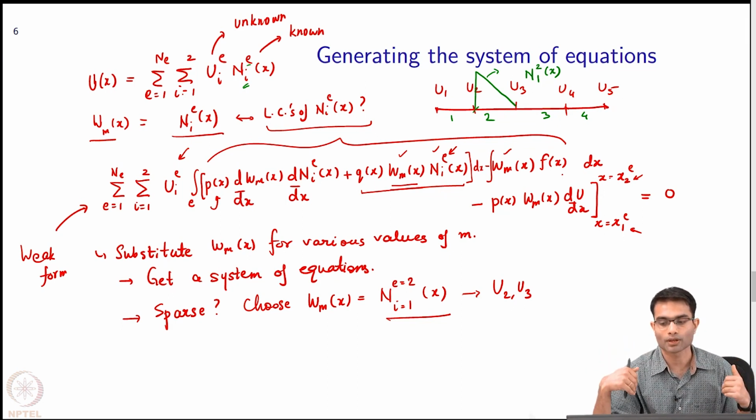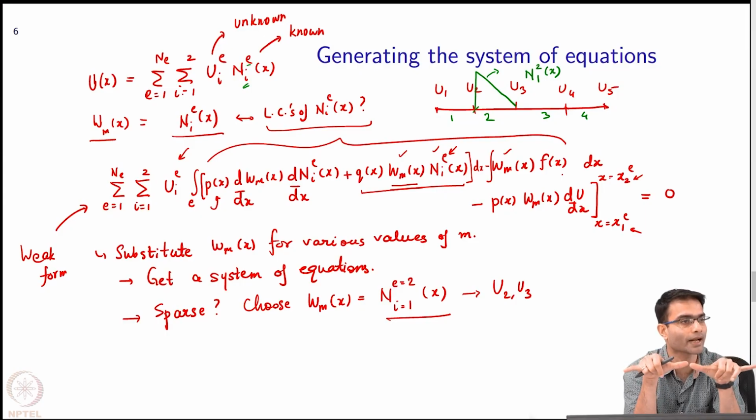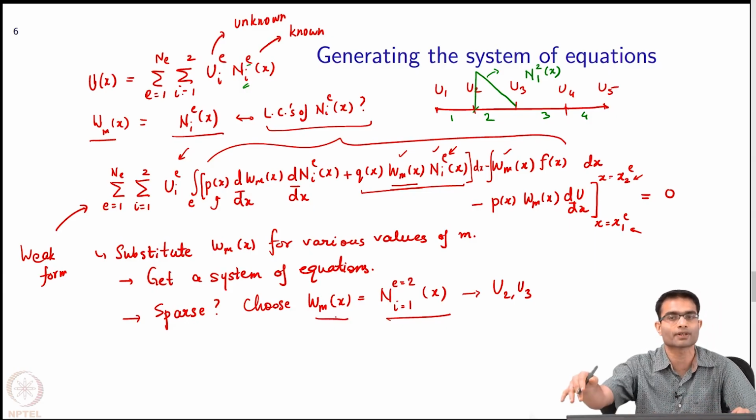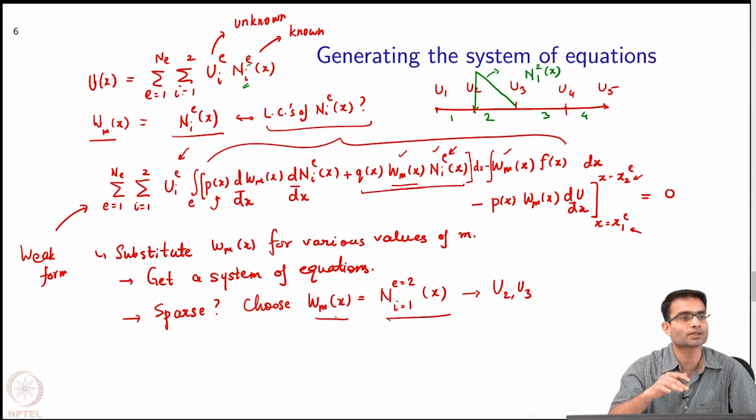Here there is no global function connecting one segment to another segment. So only if there are shared edges or shared nodes is there any coupling. So you can extend this argument, choose Wm to be different terms. Each equation will have only a subset of the total number of variables. So that's how you get an overall sparse system of equations. Okay.